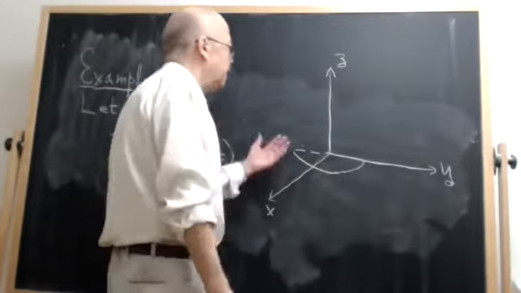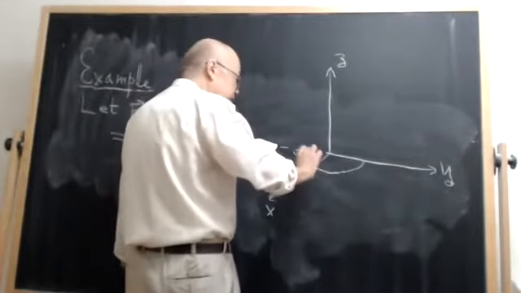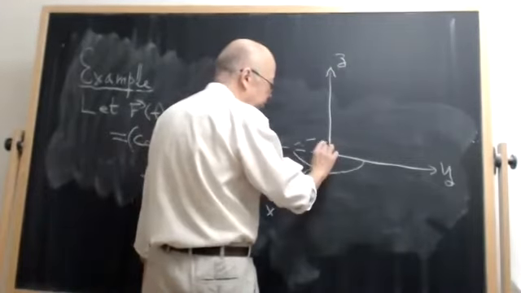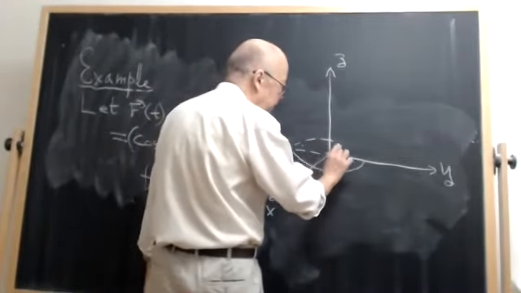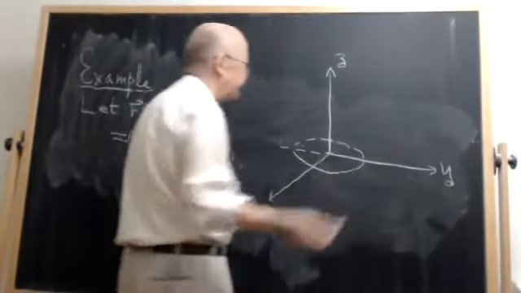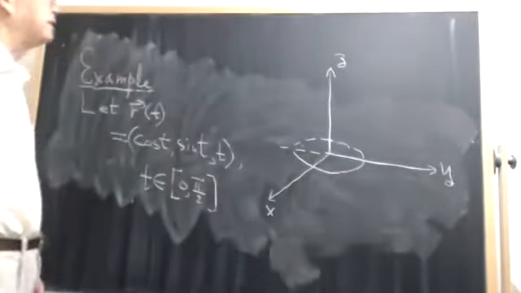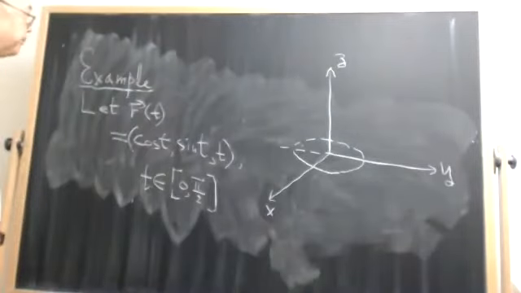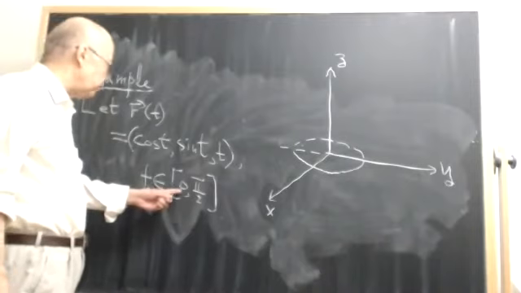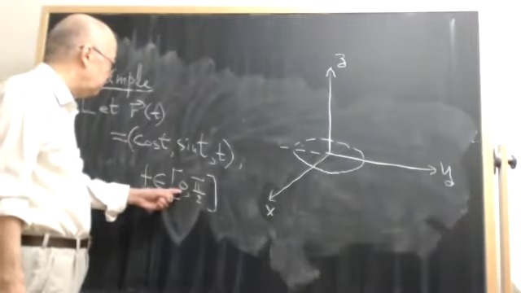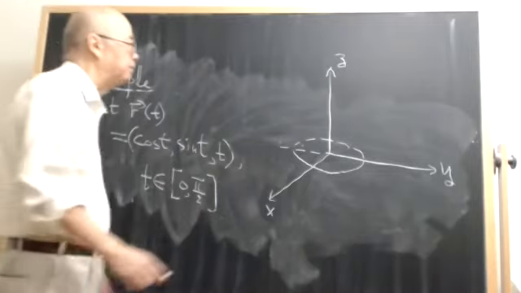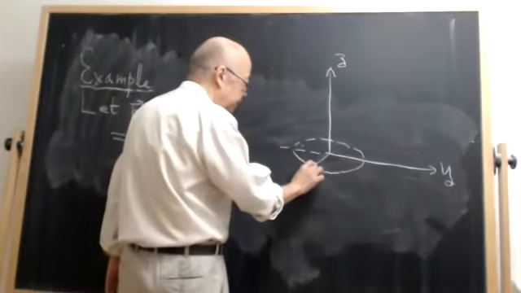And then, of course, there's part of the circle behind the board. So it's something like this, the part that you cannot see. Now, when t is equal to 0, I have 1, 0, 0. I have this point.